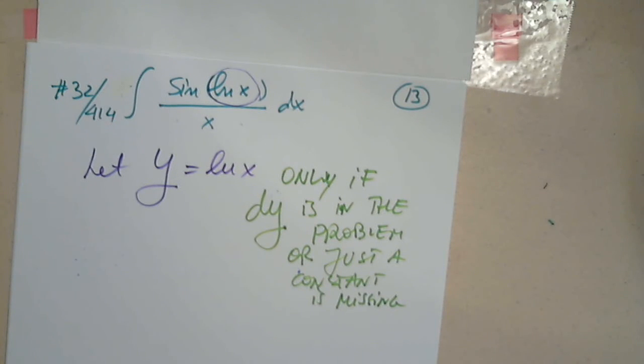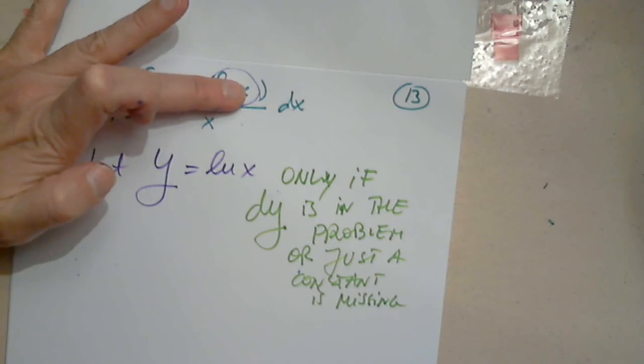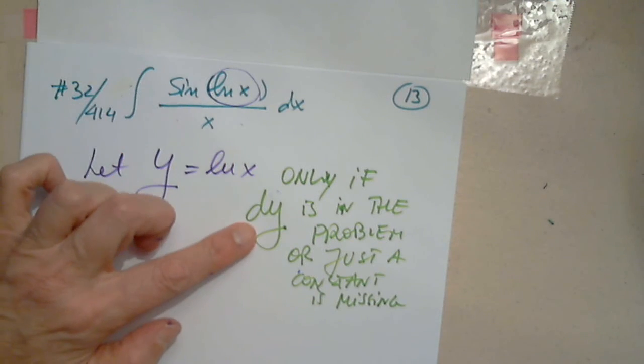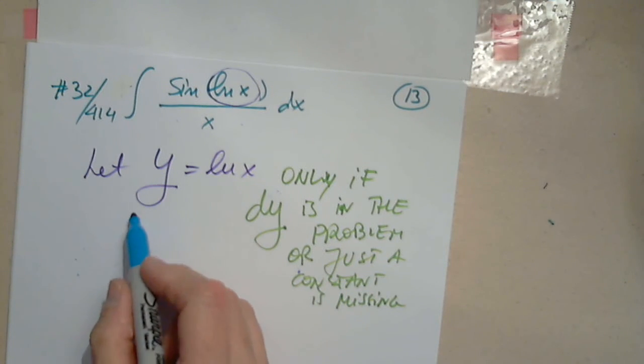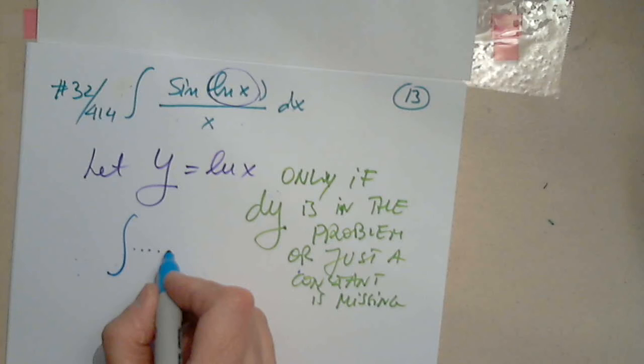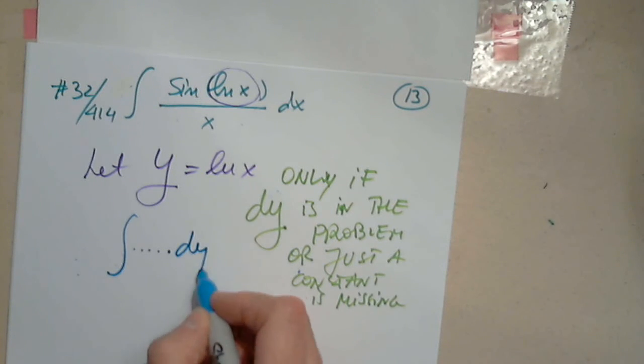Again, this is the easiest way to approach the substitution rule, I think. So, okay, I denoted natural log by y, but now I need to determine dy. Why am I interested in dy? Because no integral in y can exist without dy.